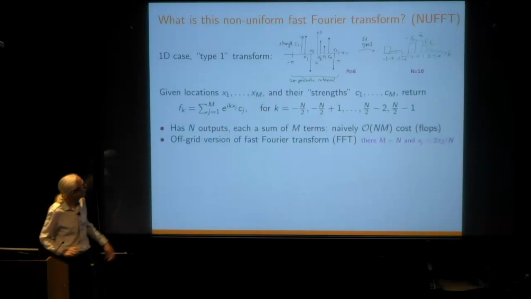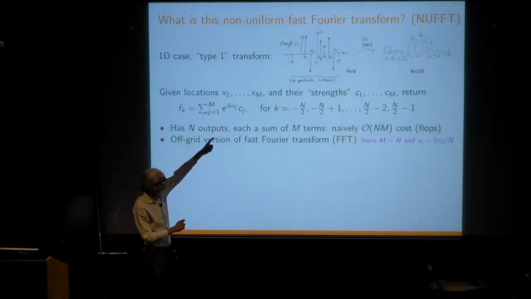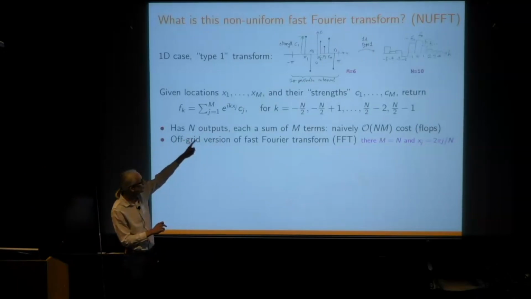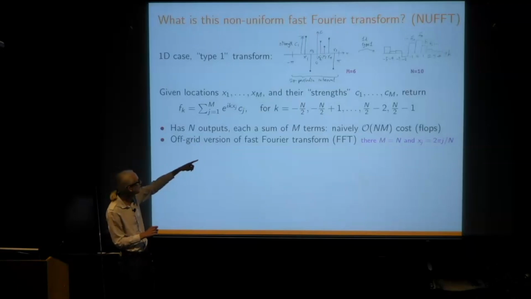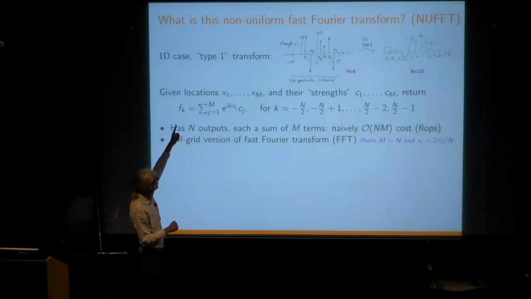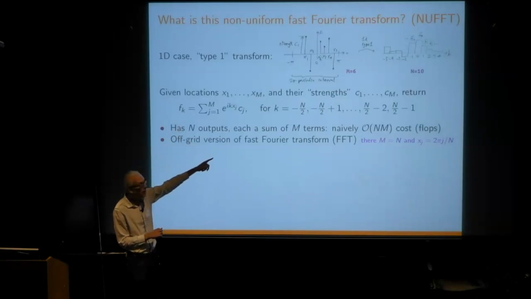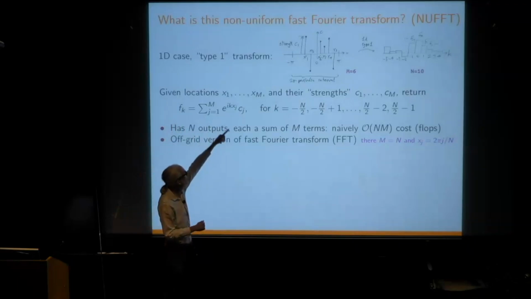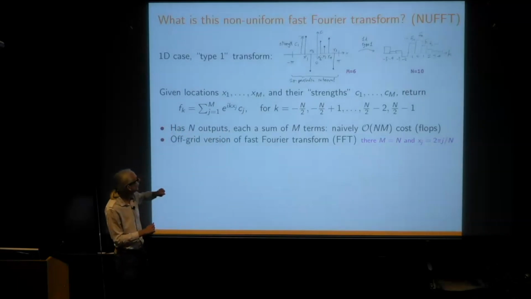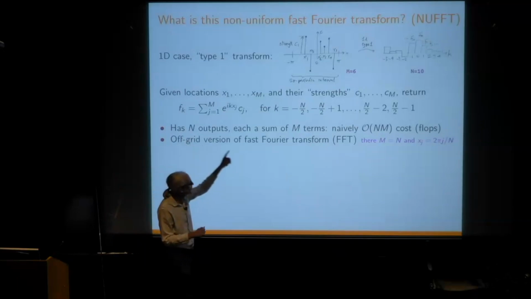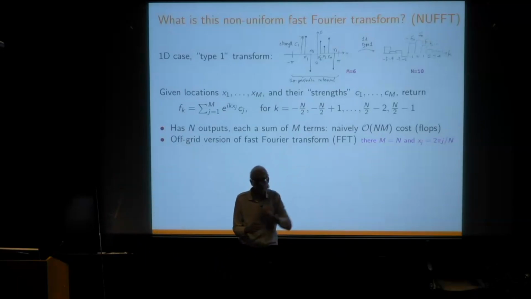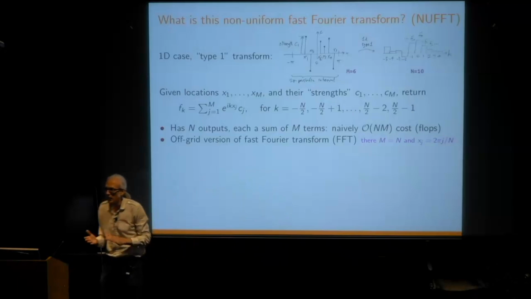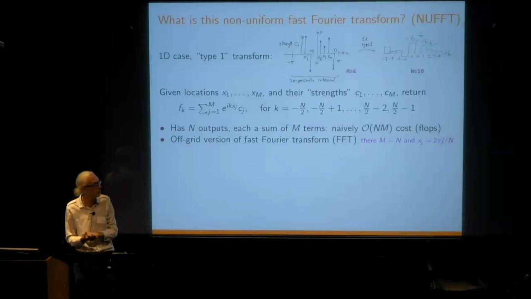And so here's the formula. Given a set of M locations, x, and a set of strengths c, you're going to return capital N of these Fourier coefficients f_k that are just given by this exponential sum. There are N outputs and there are M terms in each sum, so naively it should be M times N. It's got a quadratic cost.